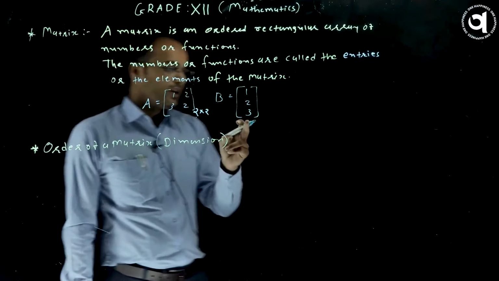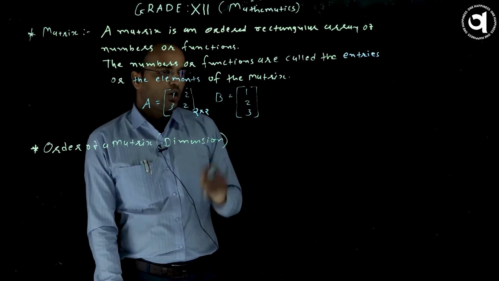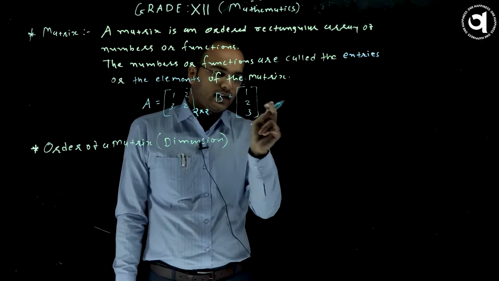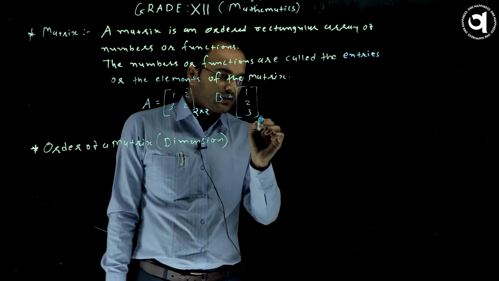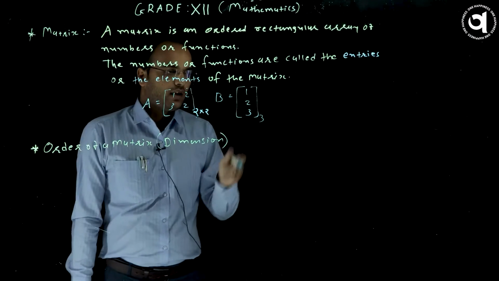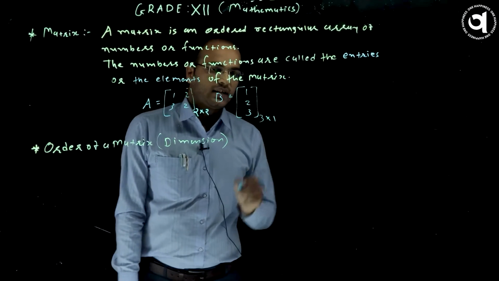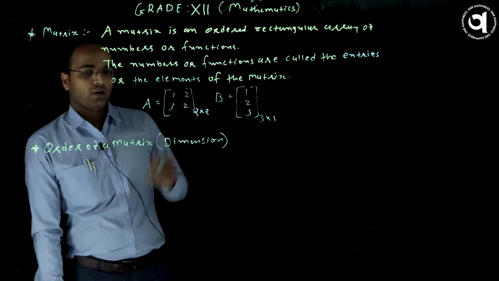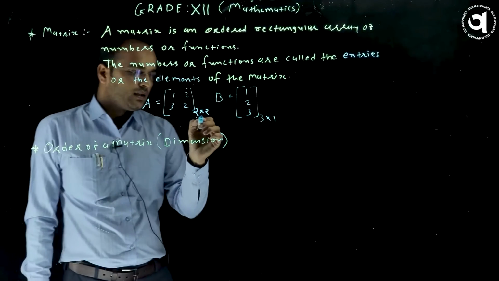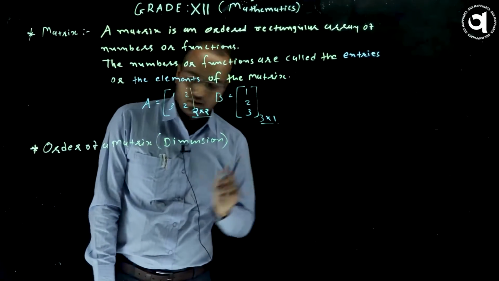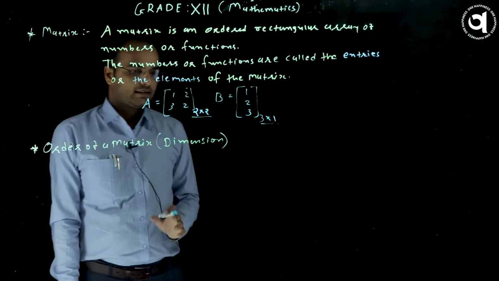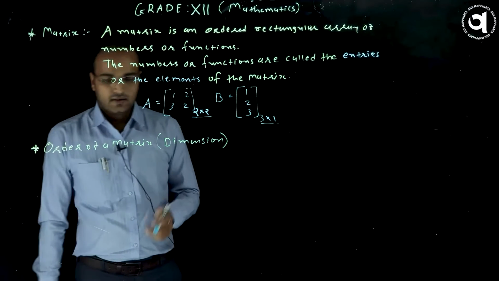For this example, how many rows are there? First, second and third. So there are 3 rows and 1 column. So this matrix is known as a 3 cross 1 matrix. And this symbol is called the order of a matrix, another word for which is dimension.